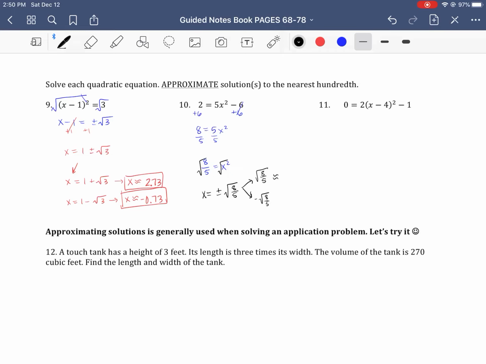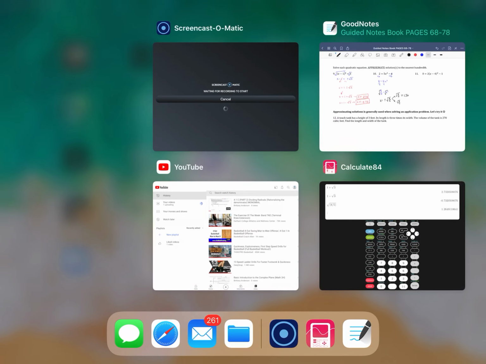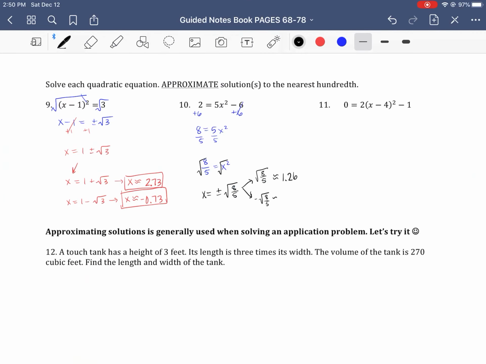I'm going to come up here and get 1.26 as one of my x's. And then negative root 8/5 would just be the negative version of that. So here's our two possible solutions here. Or we could write plus or minus 1.26. Okay.